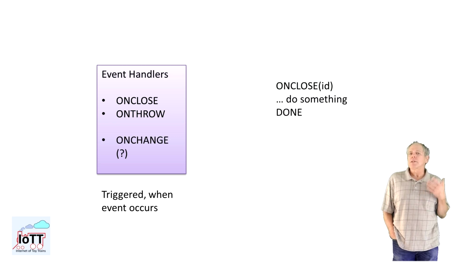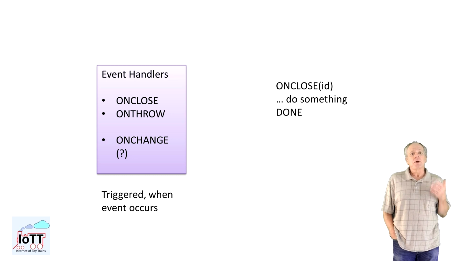Event handlers are triggered every time a defined event occurs. Right now, there are only two event handlers available, called onClose and onThrow, and they fire if the turnout with the specified ID is changing to the respective position.